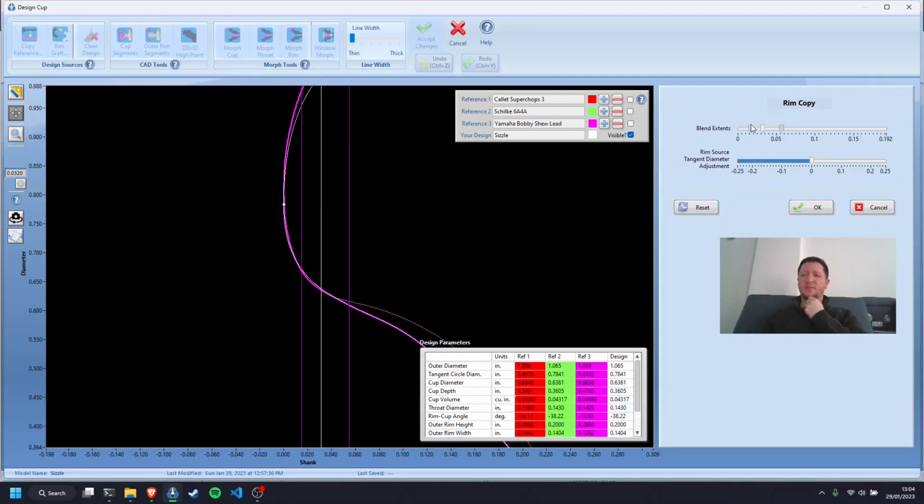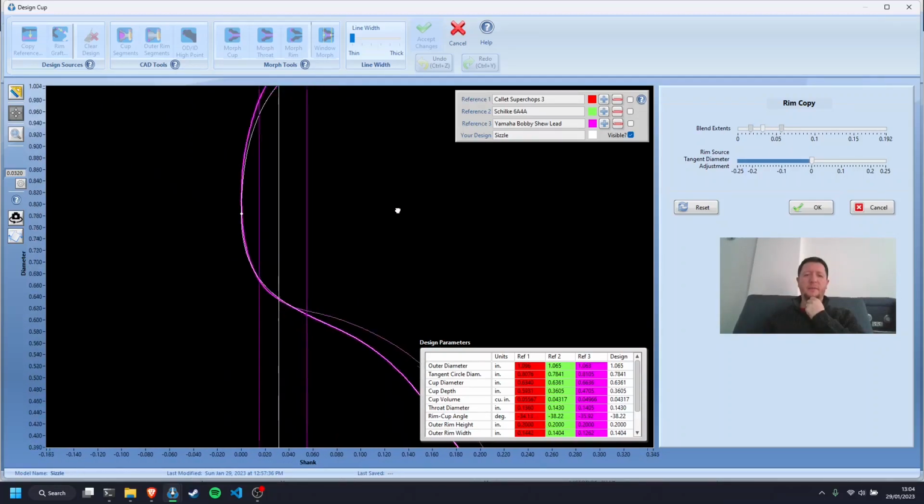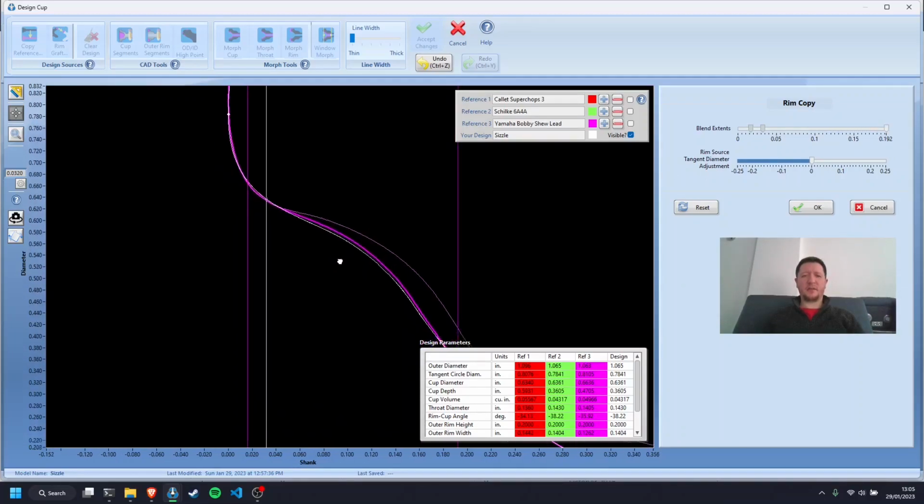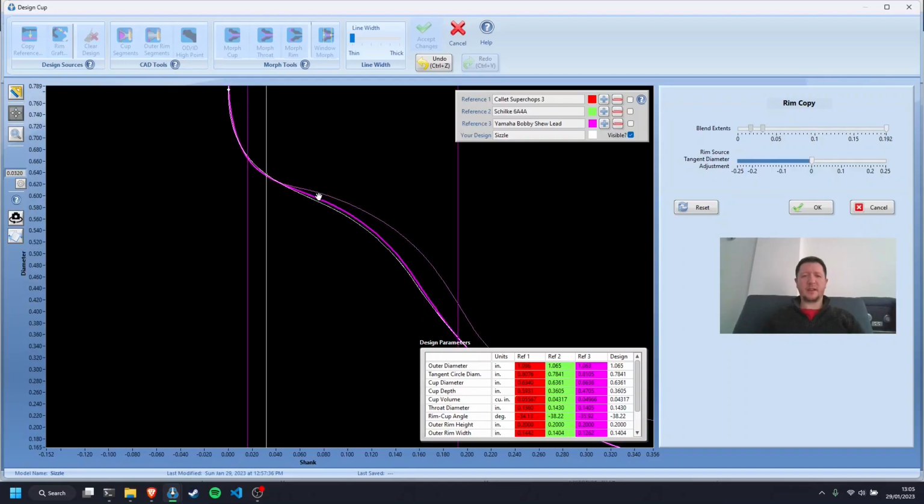Each of these lines represents these three lines over here, and what we can do is, if I was to move this one, for example, that's going to bring our design, that's the thicker purple line, much closer out towards the Callet cup.